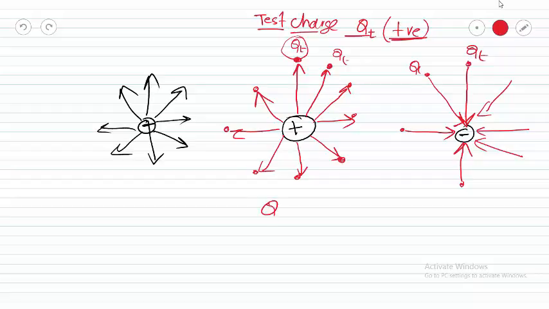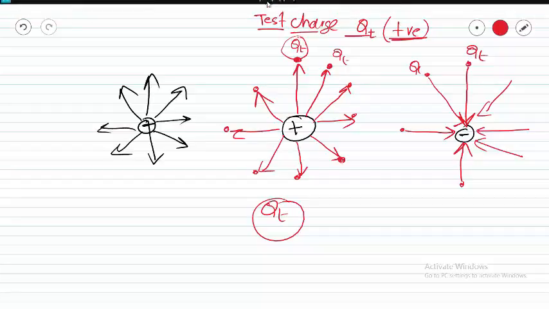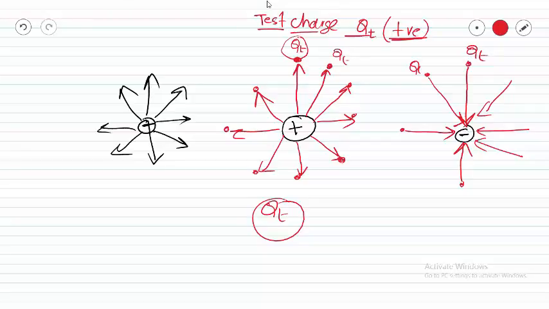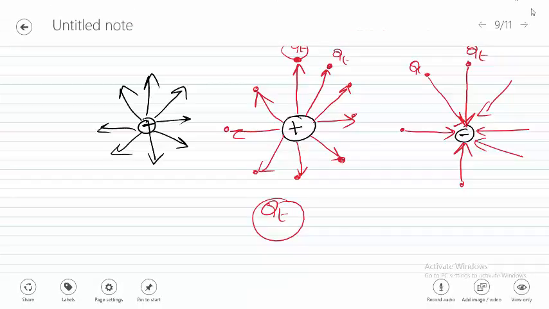So qt has to be very small such that it does not disturb the existing fields. This is a very important thing to remember: the test charge will always be positive and have a very small charge, so that it does not disturb the field of the existing charges.